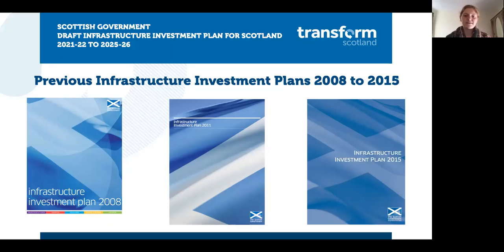Overall, these IIPs are meant to set out investment priorities over a longer period of time. So the timescale has varied between these plans, but basically longer term planning than the budget would be.